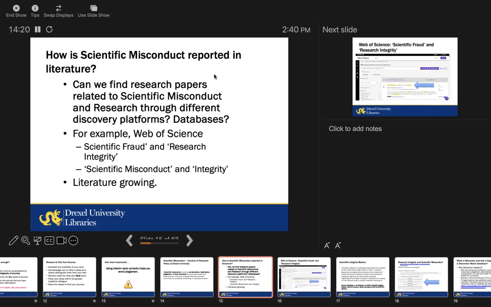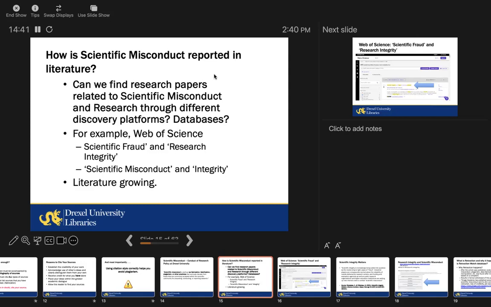So when we are talking about research integrity, can we find out how many papers are published in different journals that talk about scientific misconduct, or can we find research papers related to scientific misconduct using different platforms?